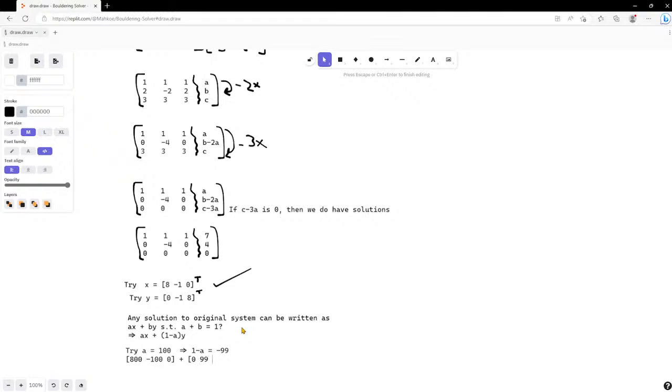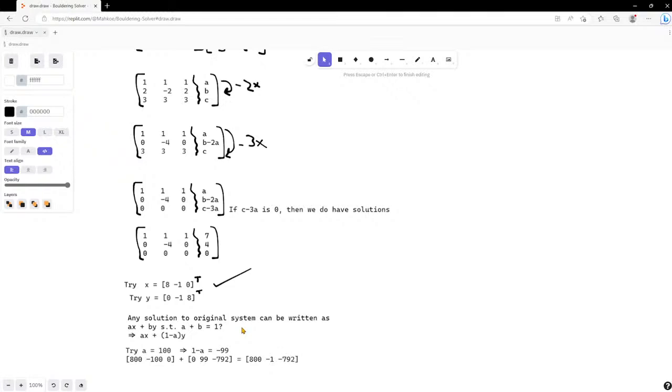So we have 800, negative 100, 0, plus 0, negative 99, negative 792, I mean. And then this is equal to 800, negative 1, negative 792.